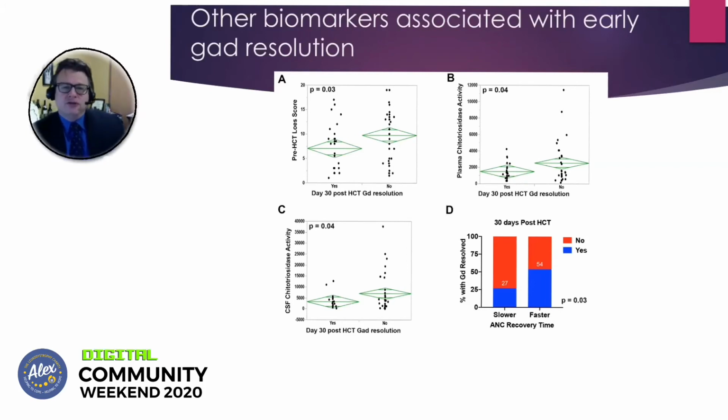And so now that I've told you about that, what I did was look at other biomarkers we described associated with day 30 gadolinium resolution. That's our early time point. So I looked at the pre-transplant LESS score, and again, there was an association with lower scores, with boys having lower scores having their gadolinium resolve earlier, as shown in panel A. I also looked at a couple of other biomarkers, chitotriosidase, which is a monocyte enzyme we've previously described as a biomarker for ALD.